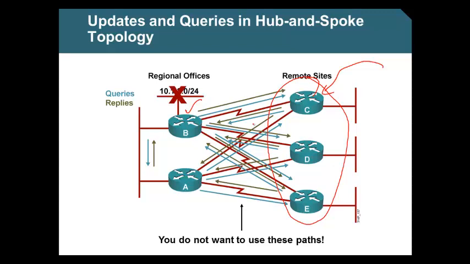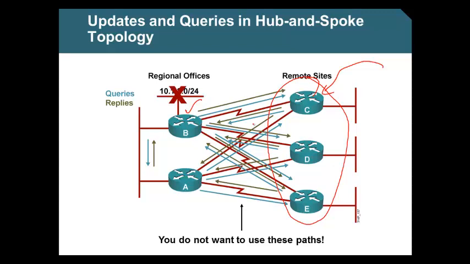Don't ask me anything other than these networks, this information. I am limited to only these networks. See, normally EIGRP will advertise the networks, but it will not say, don't query me other than this.